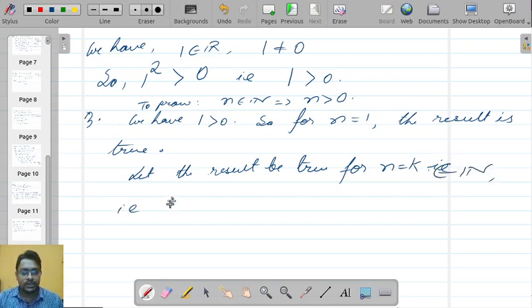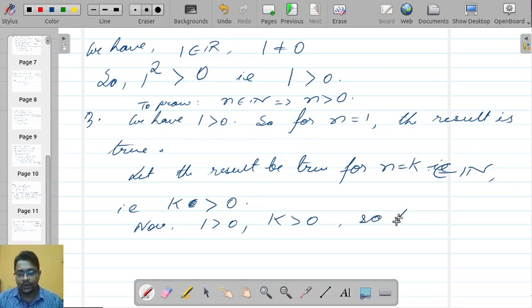That is, k is greater than 0. Now, 1 greater than 0 and k greater than 0. 1 greater than 0 is already known to us, and we have assumed the induction hypothesis that k is greater than 0.